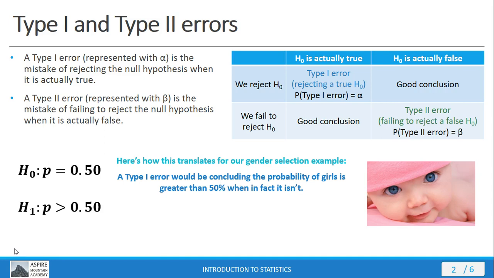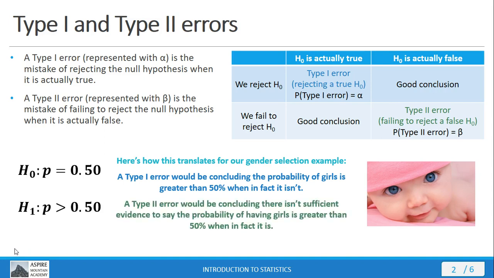But if we conclude that the probability of girls is greater than 50%, then that's not actually true. We're going to reject the null hypothesis, but if it's actually true, we don't want to be rejecting it. So there's a type 1 error.